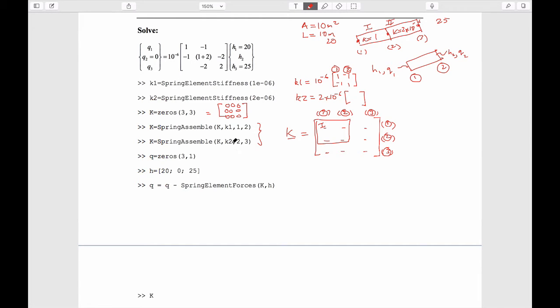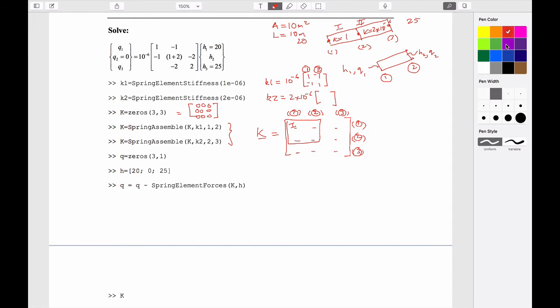It goes to the next one. It takes the first one here, which it indexes as 2. It takes the second one here, which it indexes as 3, which is here. And so what it's going to do is put it exactly in this location here. And so it has all these terms in here.